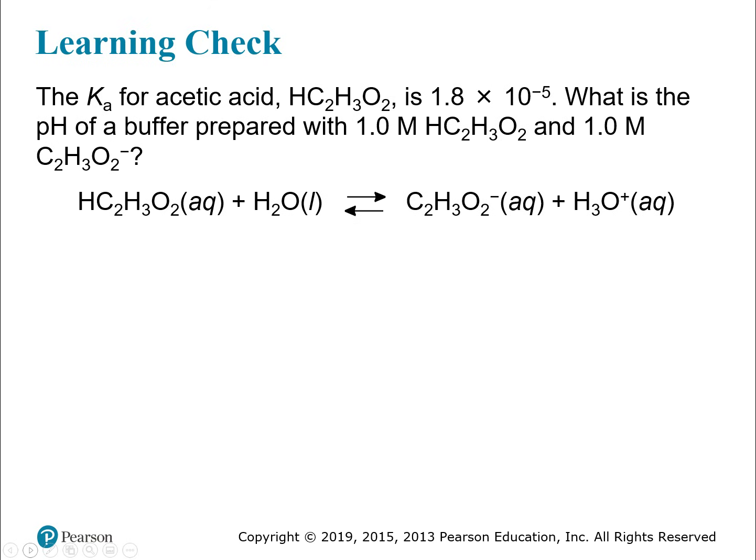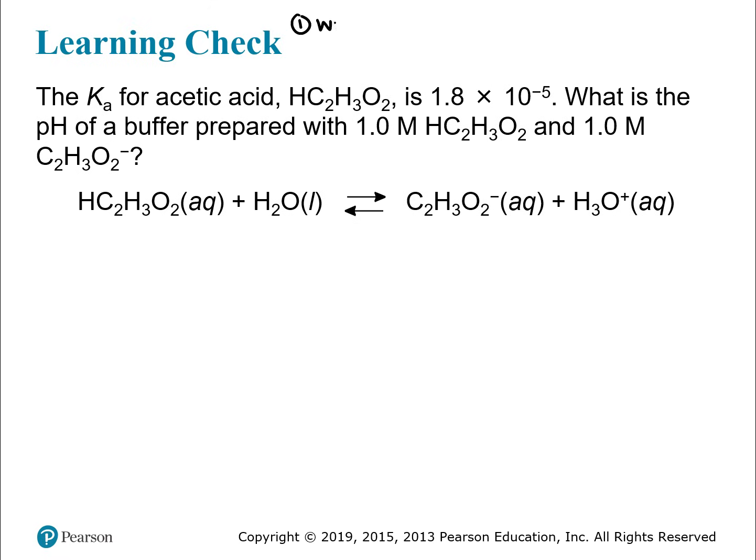And what we have is the equation for the dissociation of acetic acid. So I'm going to show you how to go from this equation to the Ka, from the Ka to solving for hydronium, and then we use that to calculate the pH. So I'll write those steps out.